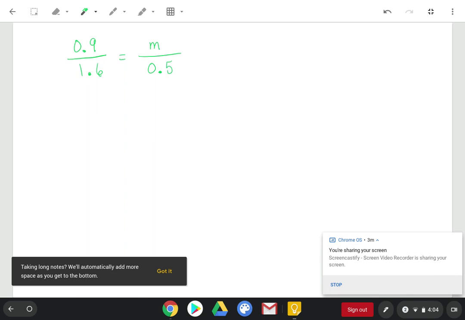And again, I do expect us to be able to work with decimals. So to solve this, we're going to do cross products. I'm going to draw my cross. 1.6 times m is just 1.6m equals, and then we need to figure out what decimal 9 times decimal 5 is.